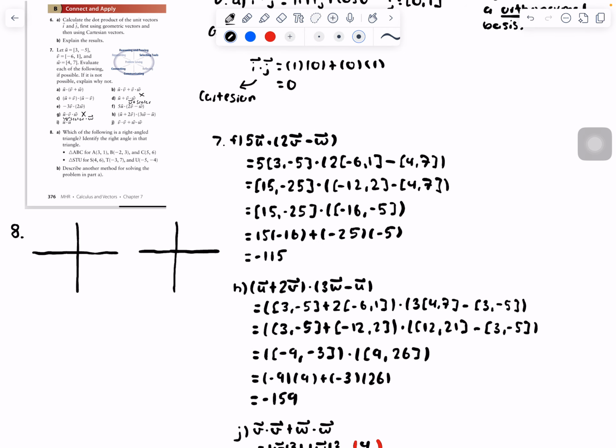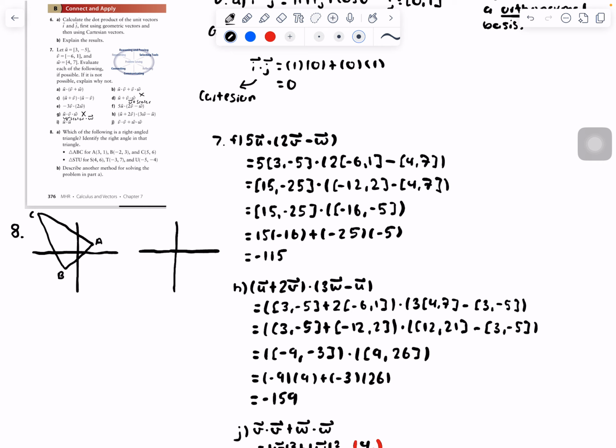So A is 3, 1, let's say that's somewhere here-ish. B, negative 2, 3, somewhere around here. And then C, 5, 6. And then STU.